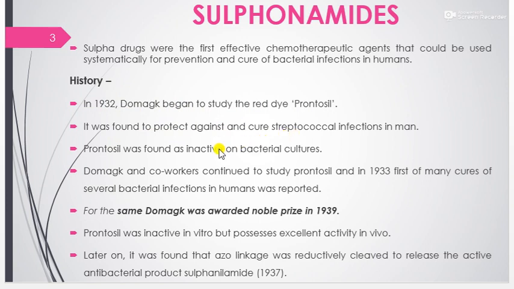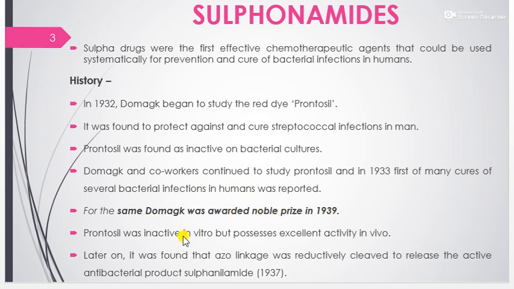Prontosil was found to be inactive on bacterial cultures. Then the scientist and his co-workers continued to study Prontosil, and in 1933, the first of many cures of several bacterial infections in humans was reported. For this, the scientist Domagk was awarded the Nobel Prize in 1939.